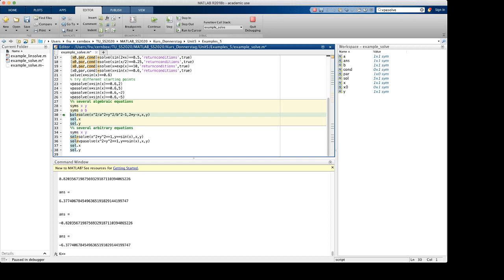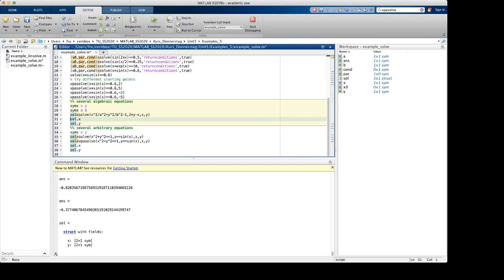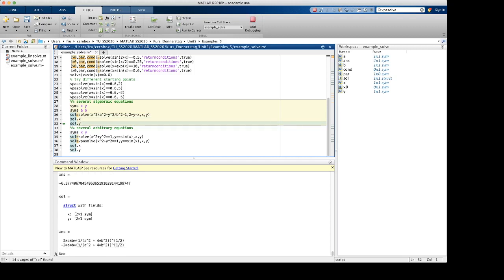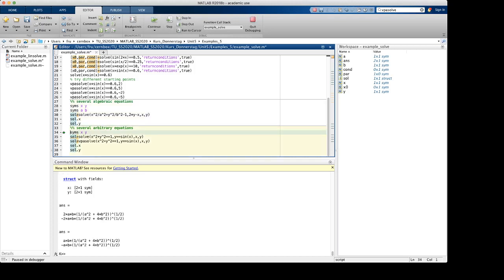We store the result in the output argument sol, which is a structure, and sol.x contains the x values of the two solutions, and sol.y contains the y values.